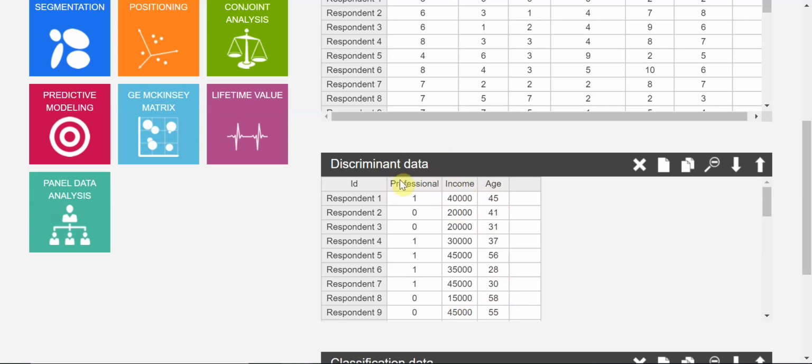It's a unique variable because it has only 2 values, 0 and 1. We call it a dummy variable, and it's a yes or no question. 1 means yes, I am a full-time worker. 0 means no, I am not a full-time worker.